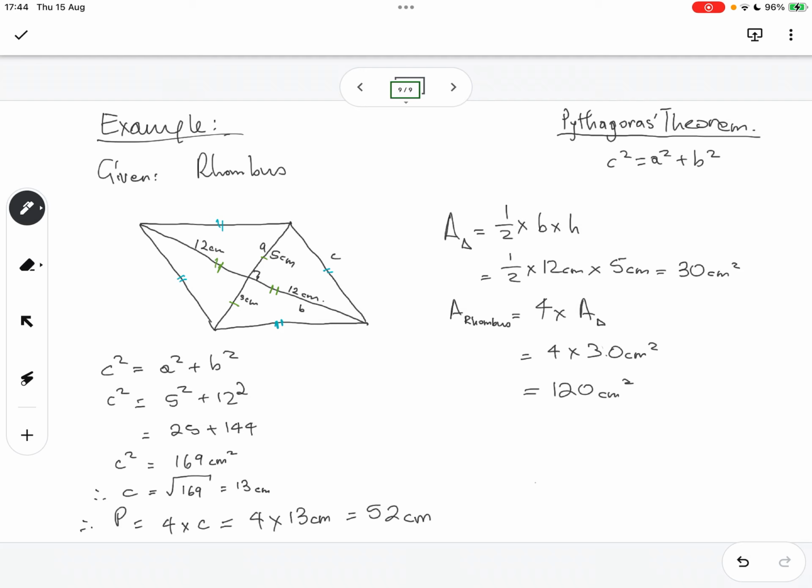I think that's the correct one. Otherwise, I'm misleading you. Yes, that is correct. But you can follow the example and try and figure out how they got to the answers. All right, so we'll end here.